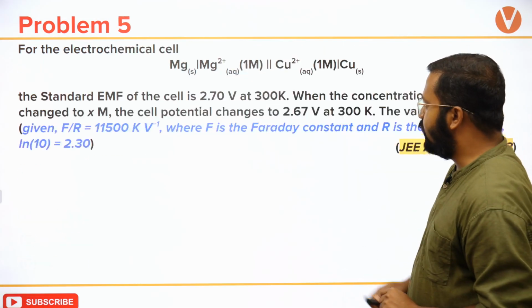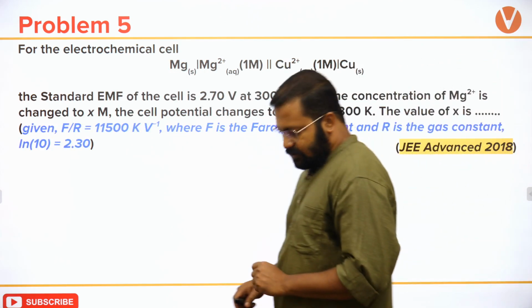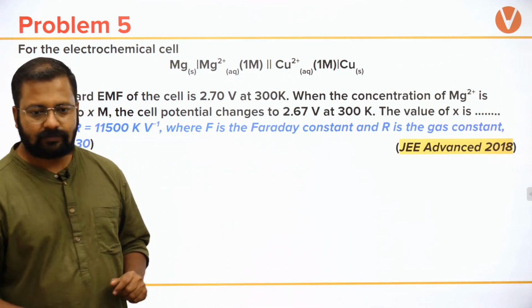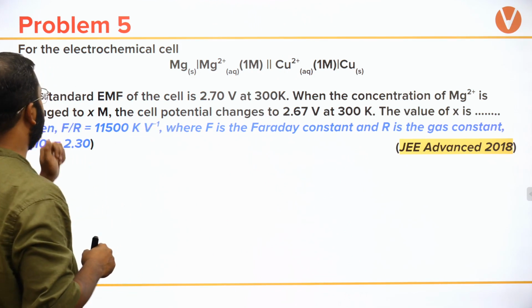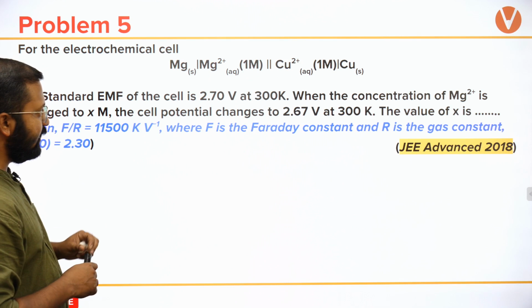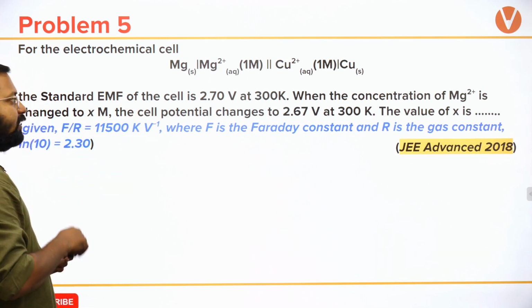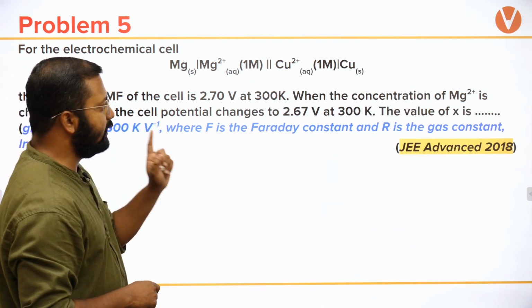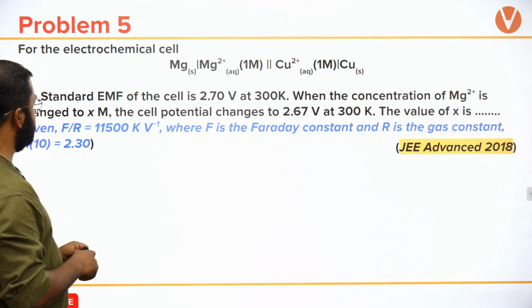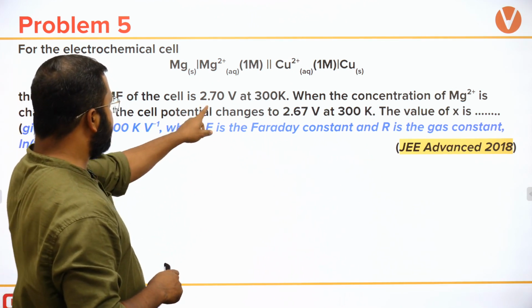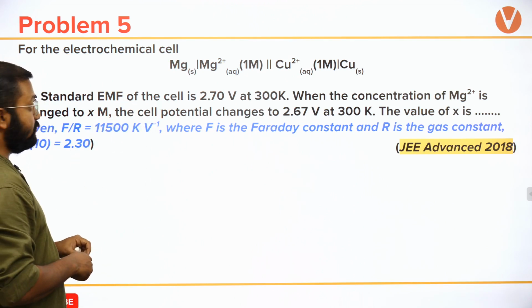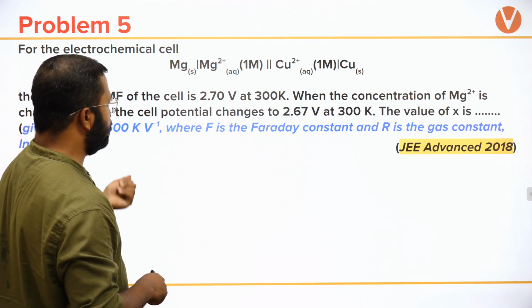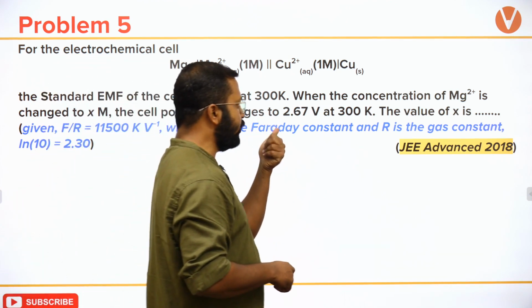Let's move ahead. Let's take this question. For the electrochemical cell, the standard EMF is 2.7 and the concentration of Mg2 plus is changed. When the concentration of Mg2 plus is changed to x molar, the cell potential changes to 2.67.